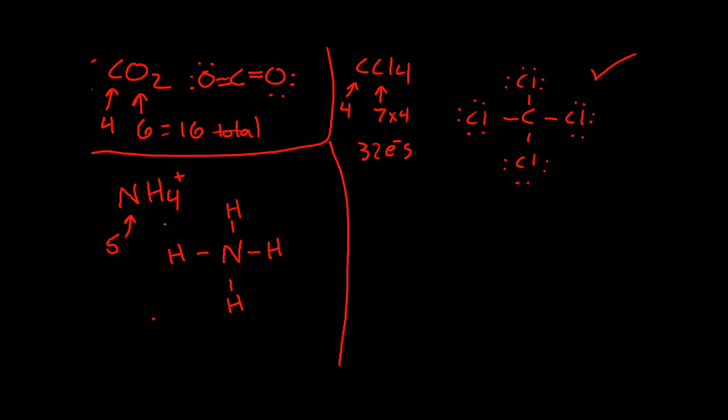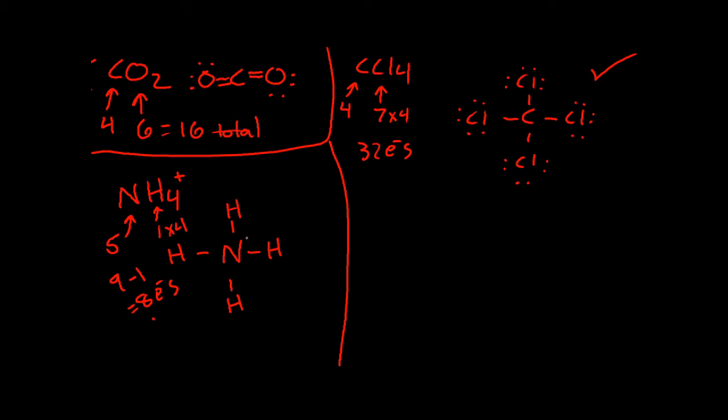Hopefully you said 5. The hydrogen has 1. It's in column 1. So we have 5 plus 1 times 4, since we have 4 hydrogens, which is 9, but it has a positive charge, and so we actually have to subtract 1, which gives us 8 electrons. So we have 8 electrons in this structure.